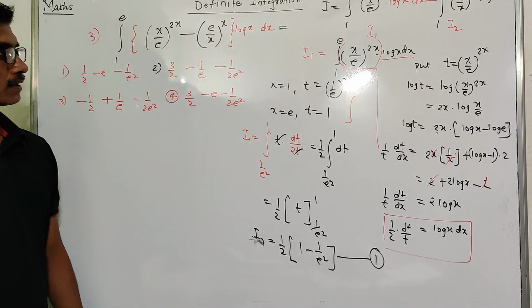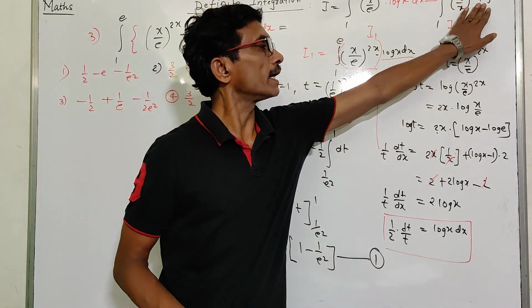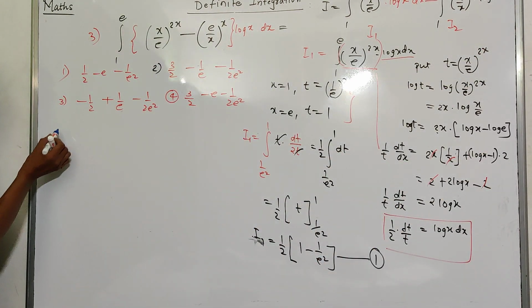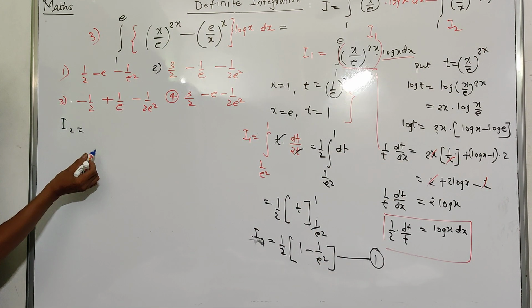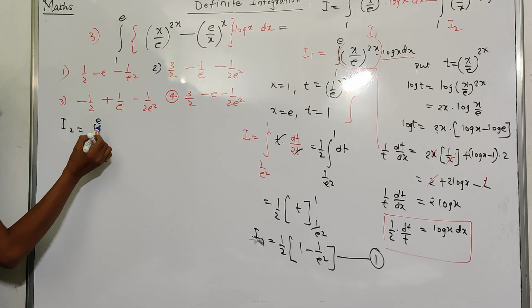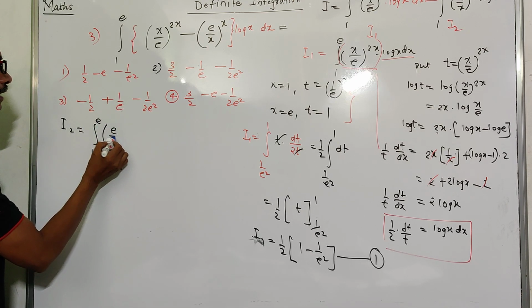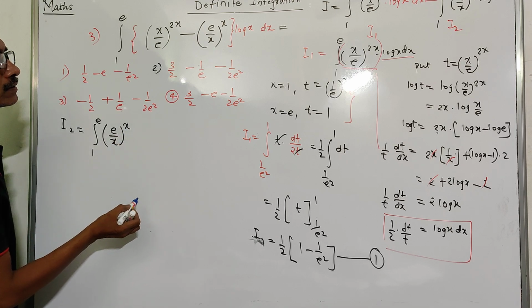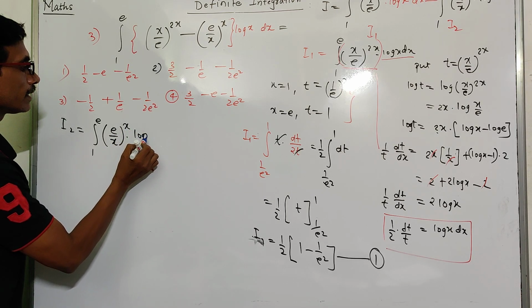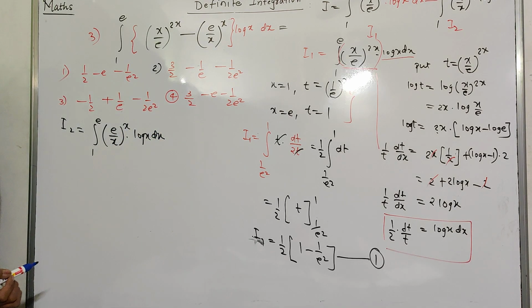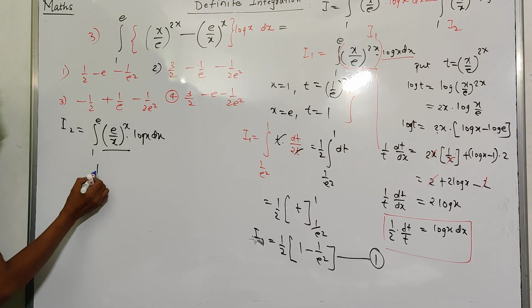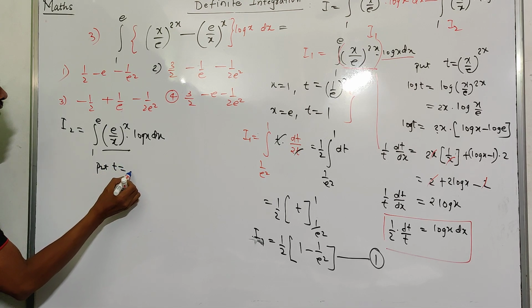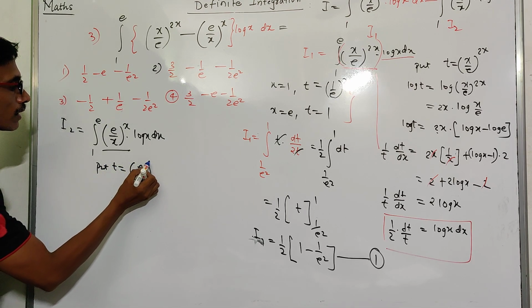Now I2 is to be evaluated. I2 is integral 1 to e of (e upon x) raised to power x, log of x dx. Again we substitute, put t is equal to (e upon x) raised to power x.